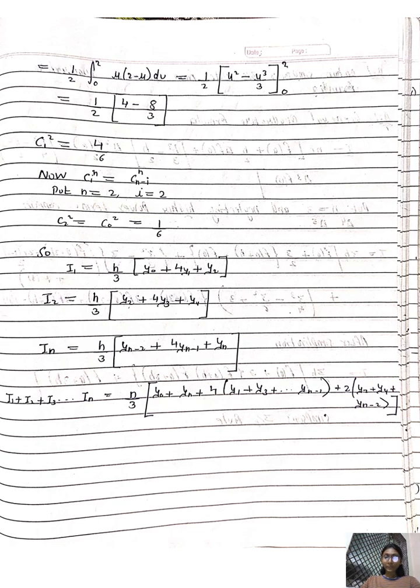I1 plus I2 plus I3 dash dash dash In is equals to h by 3 y0 plus yn plus 4 y1 plus y3 plus dash dash dash yn minus 1 plus 2 brackets y2 plus y4 plus dash dash dash yn minus 2. Now this is the Simpson's 1 by 3 rule from Newton-Cotes formula.